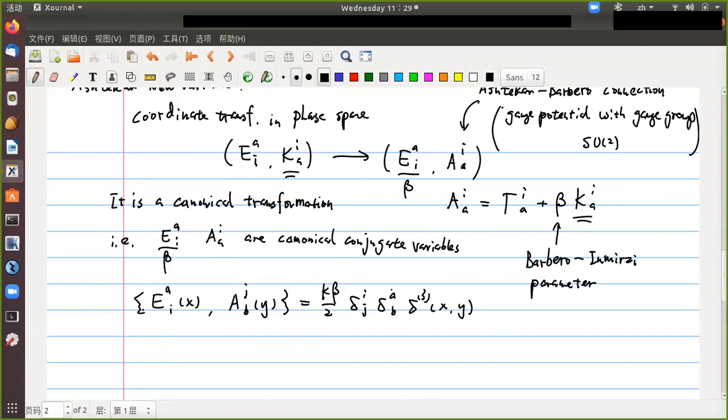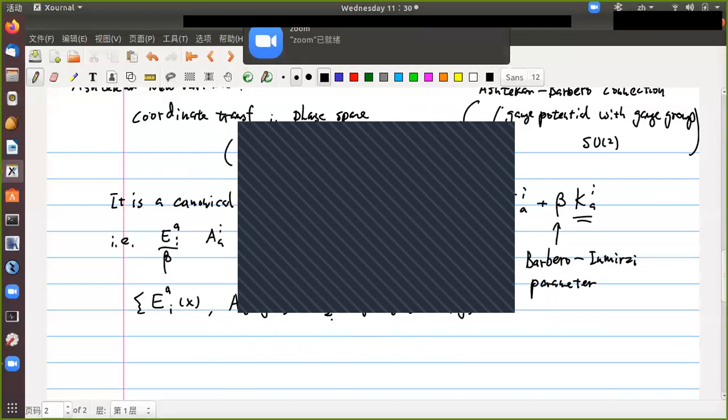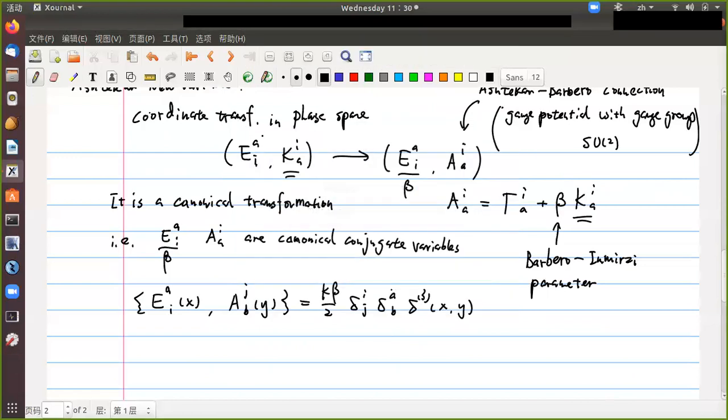So we keep phase space invariant, we keep Poisson bracket invariant, but we change the variable from E,K to E,A. Before the transformation E,K are canonical conjugate, and after the coordinate transformation E,A are also canonical conjugate. That's the point. So this Poisson bracket has to be derived from the previous Poisson bracket.